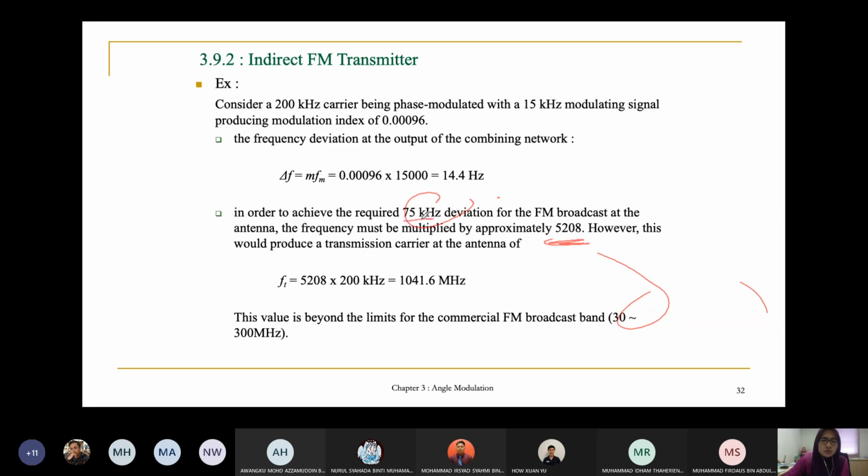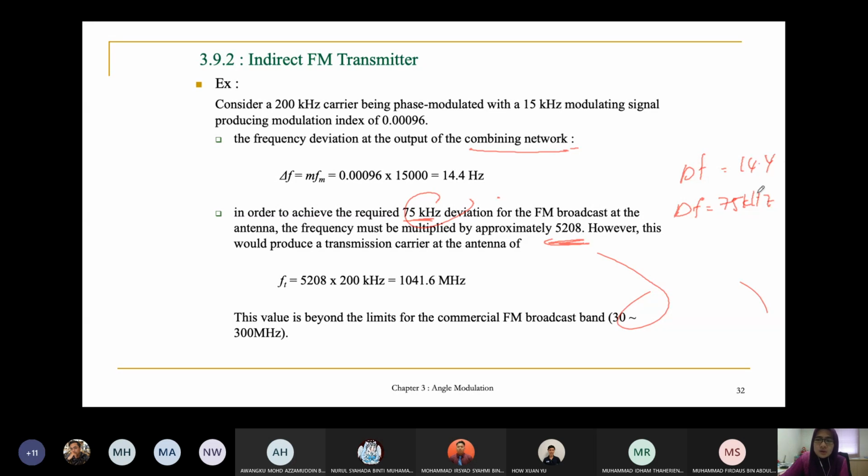Because you want to achieve delta F equals 75 kilohertz at the antenna, but currently your delta F at the output of the combining network is only 14.4 hertz.